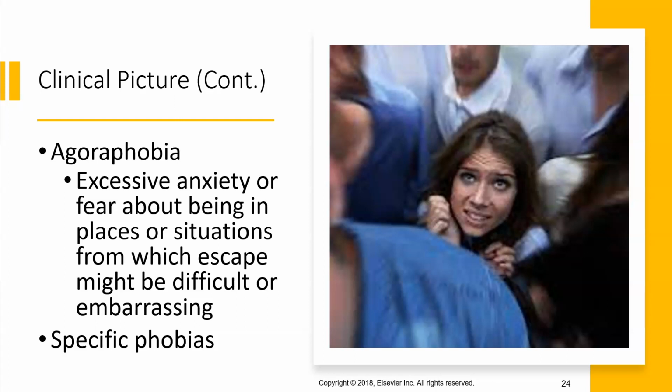Specific phobias. So there's a lot of phobias. And some of them are more commonly known. Agoraphobia, open spaces. Arachnophobia, spiders. Aerophobia, flying. And when we look at a phobia, it's a constant and irrational fear of something that causes the person to avoid that environment, object, being, whatever it may be.